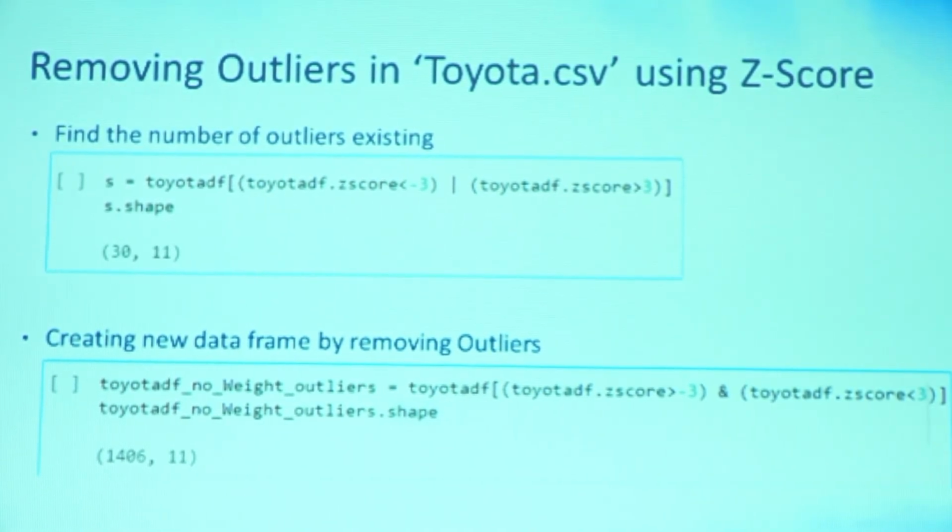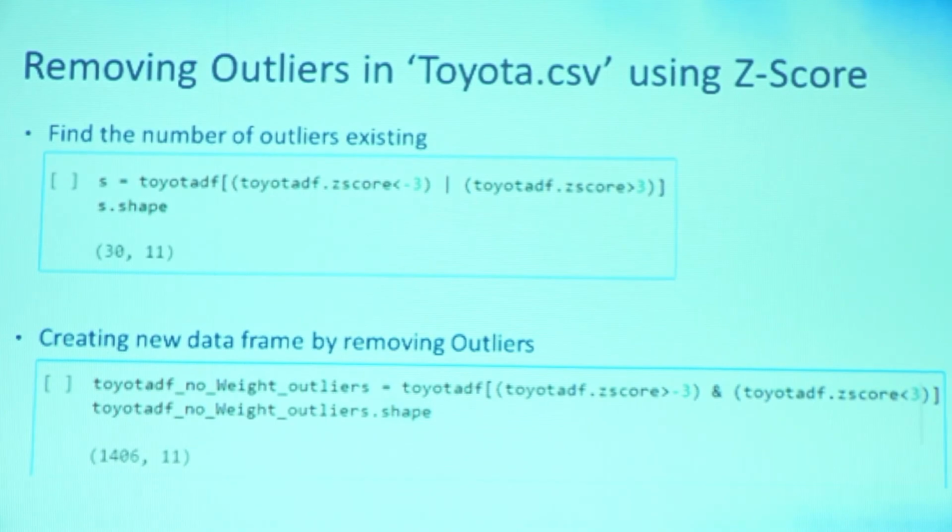Is this okay with you guys? And how did I find out the outliers there in Z-score? By choosing a suitable threshold value. Anything less than -3, anything more than +3 is an outlier.